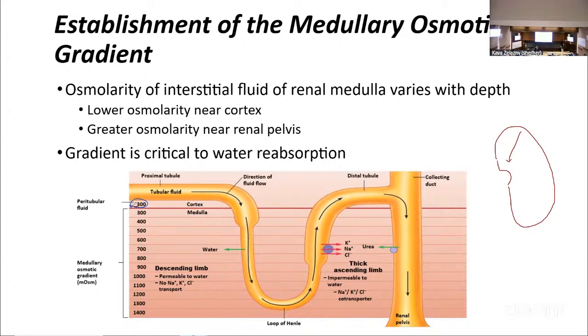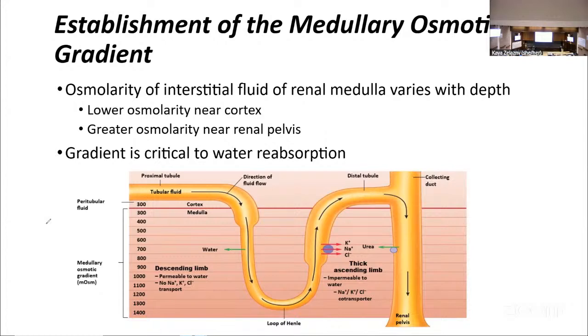As we move down to these higher and higher numbers, so you can see we get to 1400 here in the deep parts of the medulla, that's a really strong pull on water. So that's what these are indicating as we're looking at this gradient, right? So here's this gradient. We're gradually going up and up in osmolarity as we move down.